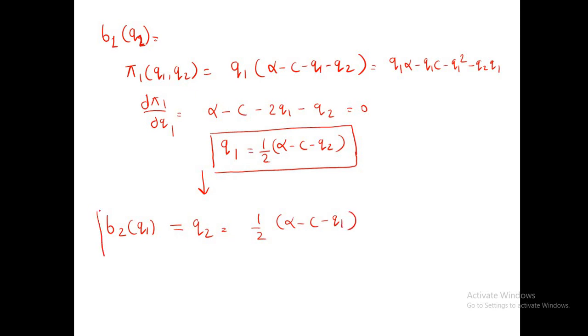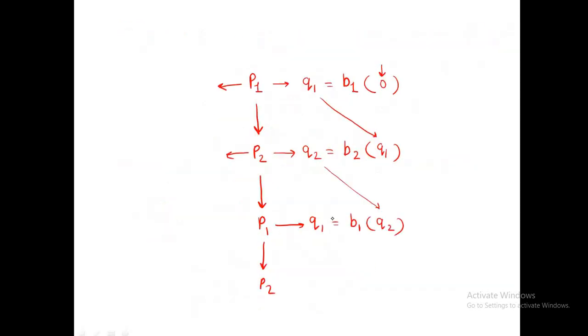So this is the best action for player 2, when he is considering that player 1 is producing Q1 quantity. So here, in the first iteration we have got half of alpha minus C, and here we have got half of alpha minus C minus Q1.